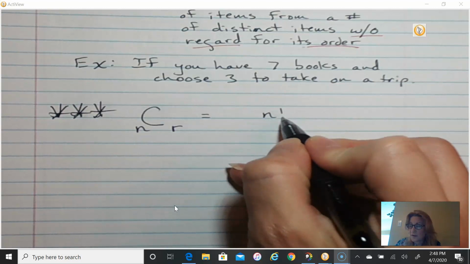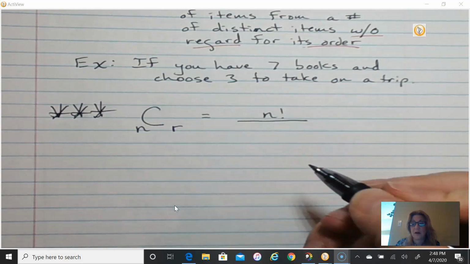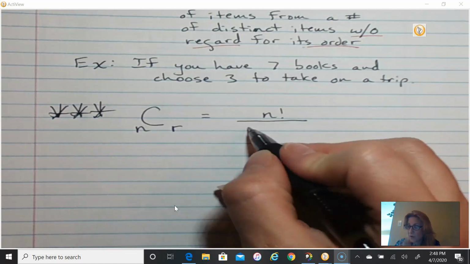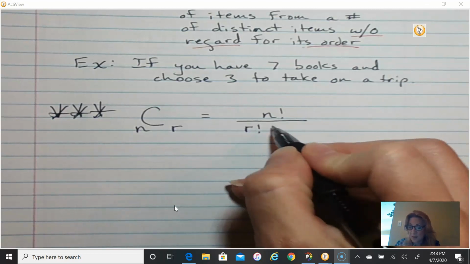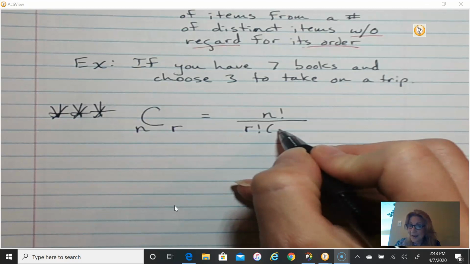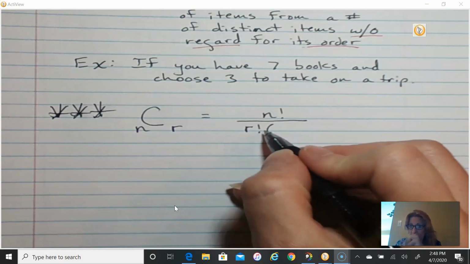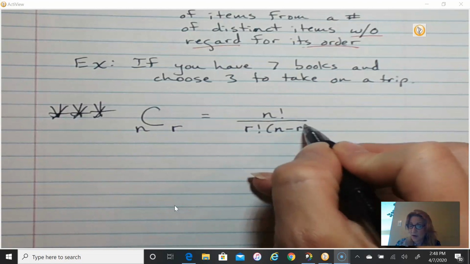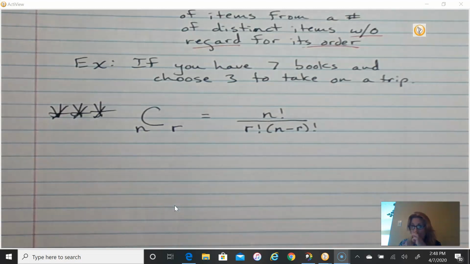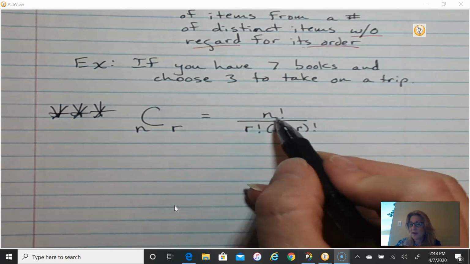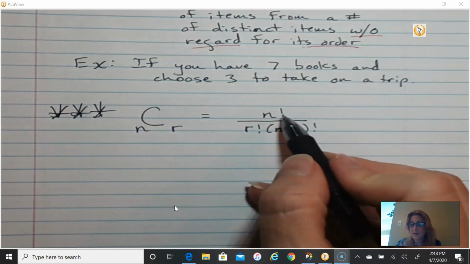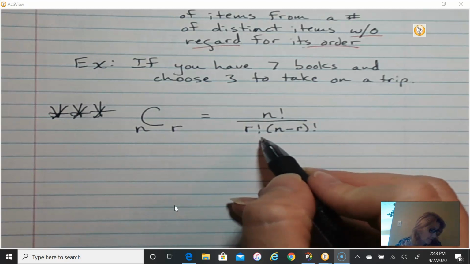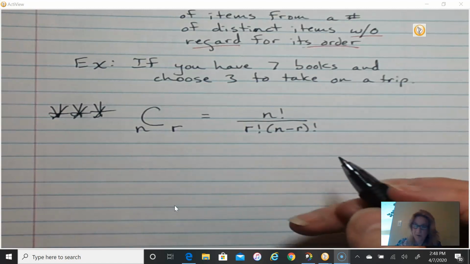You still have the N on top, just like you did for permutations, but where this is different, it's R factorial times, there's nothing there, so we multiply, N minus R factorial. So N factorial goes on top just like the time before, but you see this right here is at the beginning and it's being multiplied.